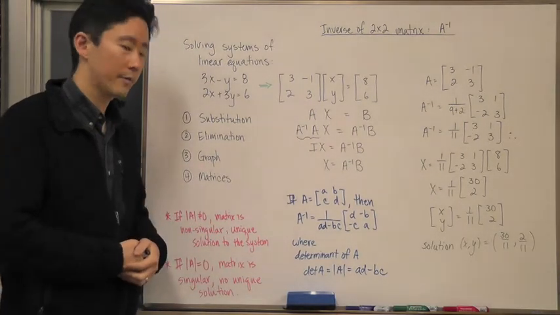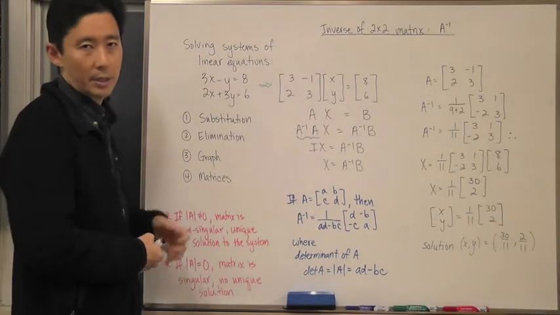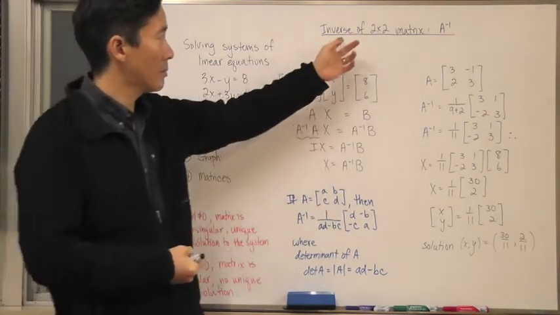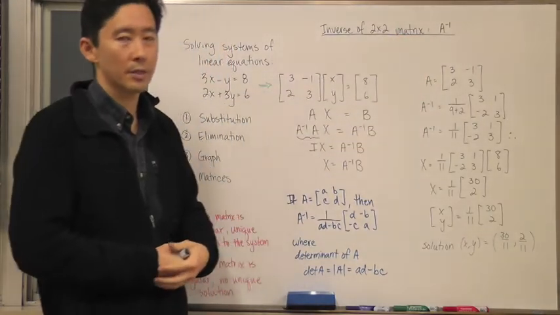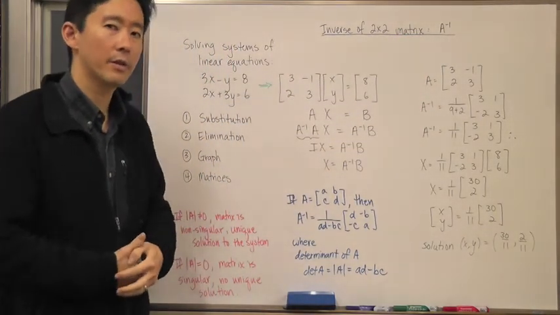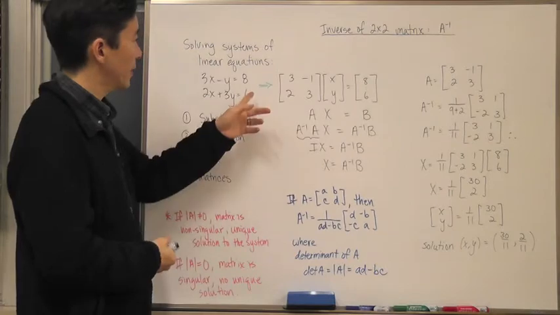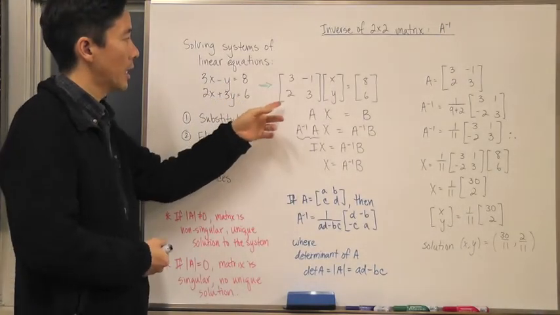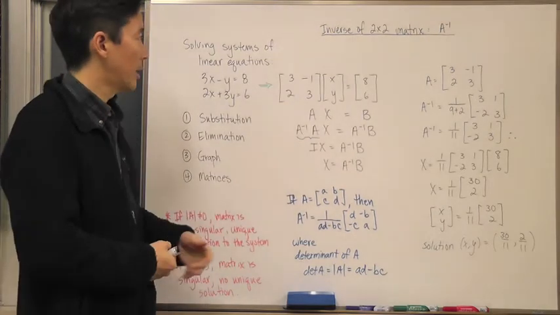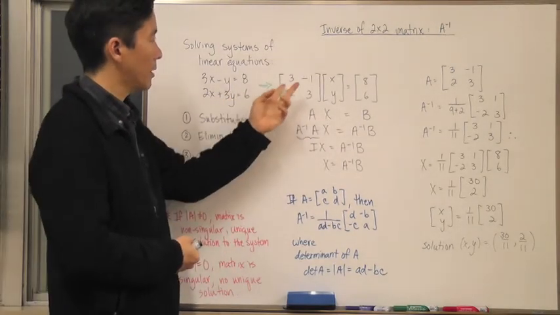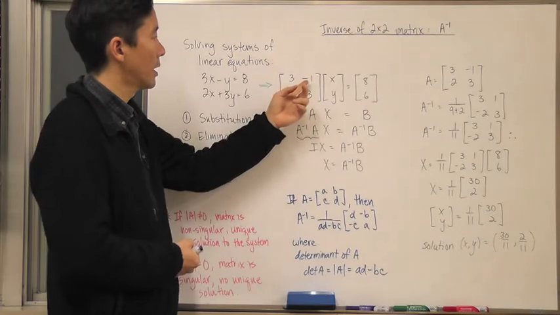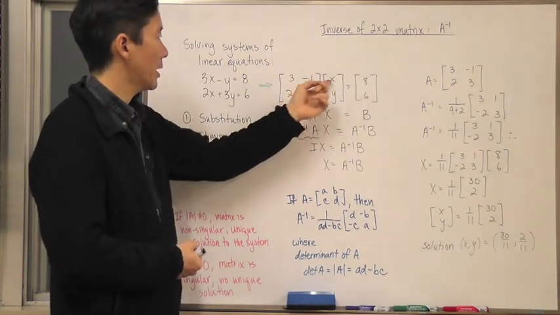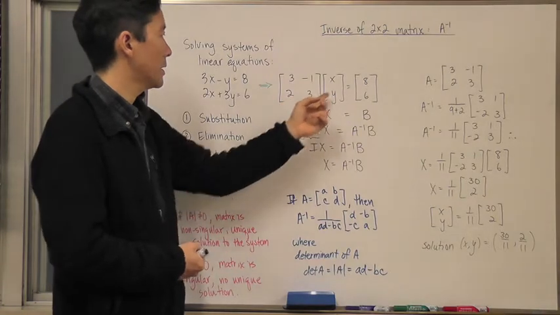And then the fourth method, of course, would be using matrices. Okay, so how do we go about using matrices? And in particular, how do we use the inverse of a matrix in order to solve the system of linear equations? So what we can do is change this form of the two equations into a matrix equation, and notice this will be exactly the same thing, because that's going to be 3x minus y is equal to 8, and this would be 2x plus 3y is equal to 6.